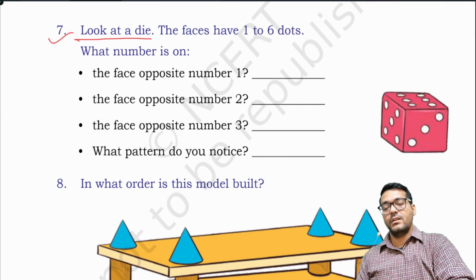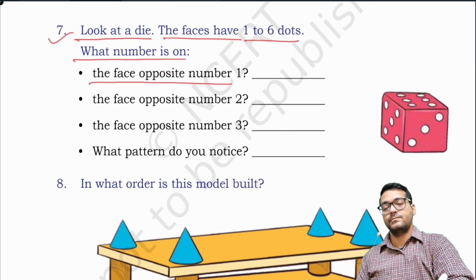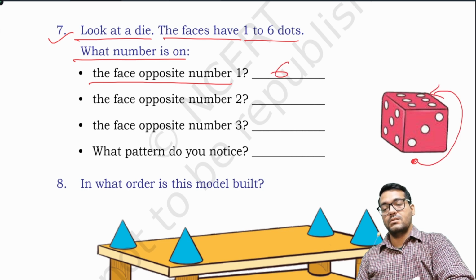7. Look at a die. The faces have 1 to 6 dots. What number is on the face opposite number 1? The face opposite to number 1 has 6 dots. The face opposite number 2 has 5 dots.